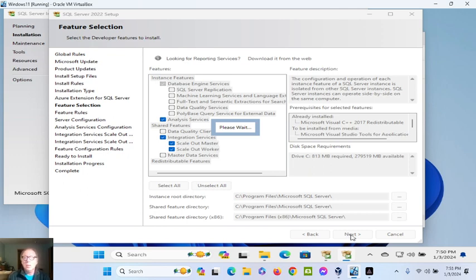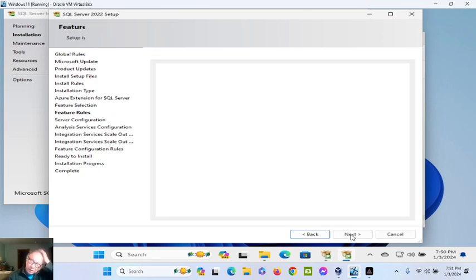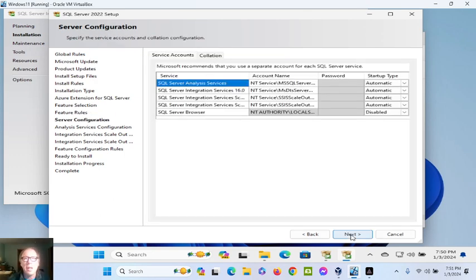Let's see what happens here. And this will give us our ETL. Again, the SSIS is the SQL Server Integration Service or system, and that is the ETL. And what is SSAS, which is Analysis Services?